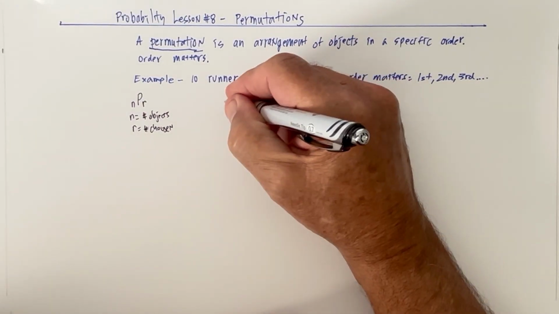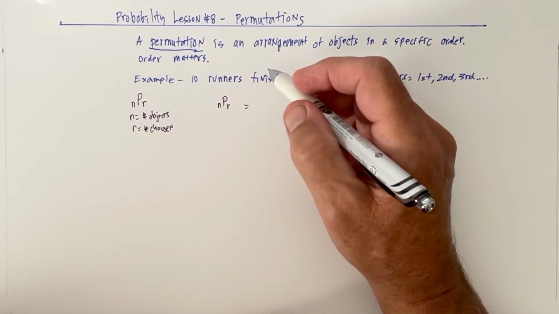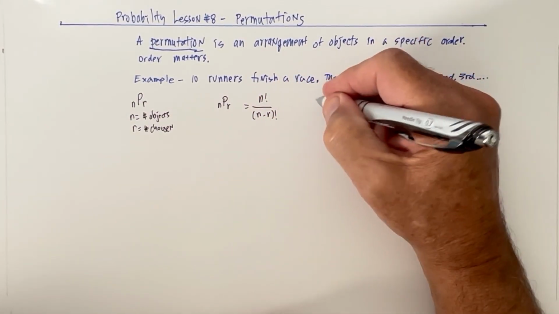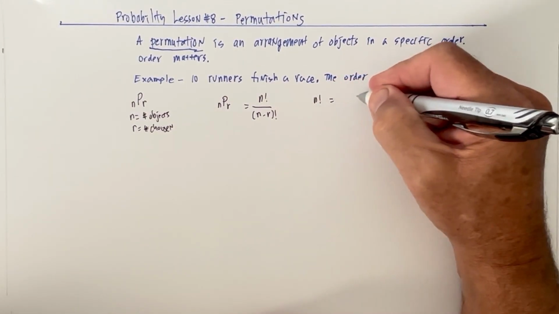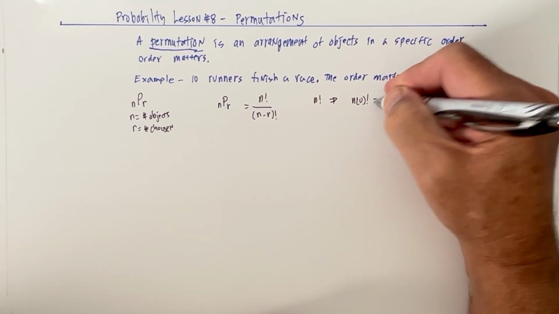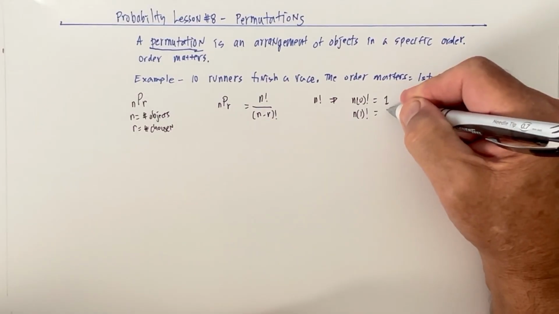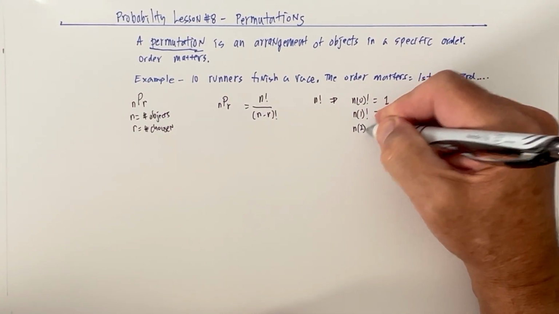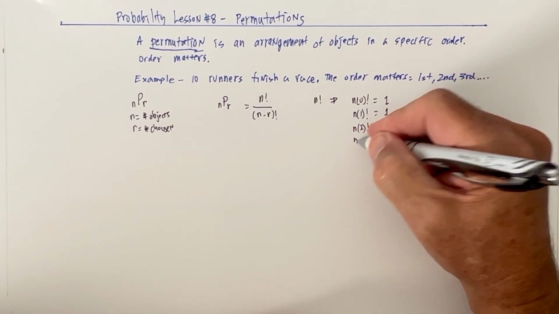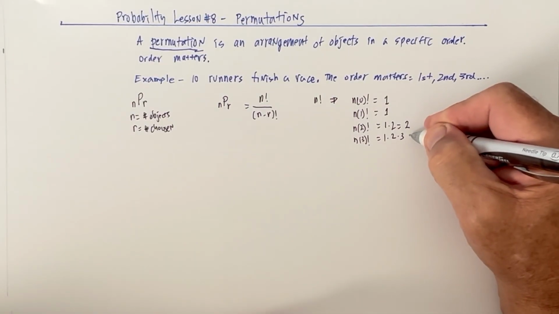Now, mathematically, we can write this. The permutation of n objects taken r at a time, or ordered r at a time, is n factorial over n minus r factorial, where n factorial of 0 is equal to 1. n factorial of 1 is equal to 1. n factorial of 2 is 1 times 2, which is 2. n factorial of 3 is 1 times 2 times 3, which is 6.